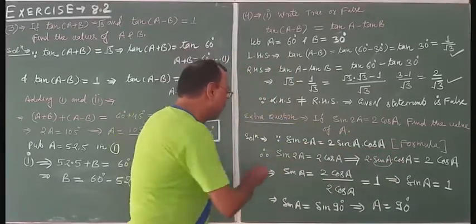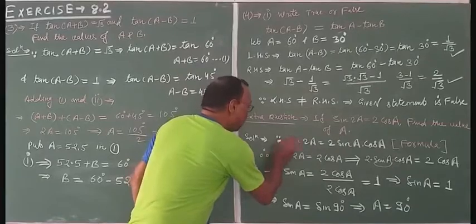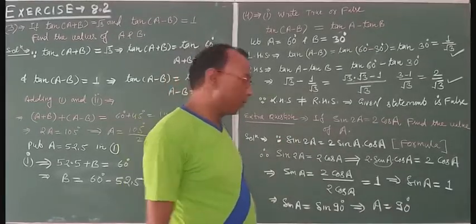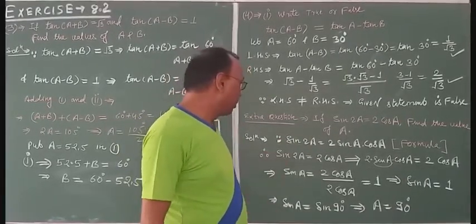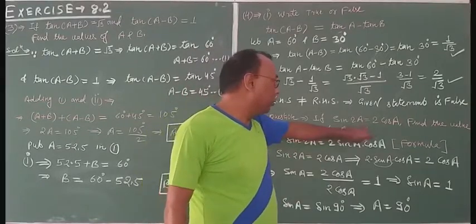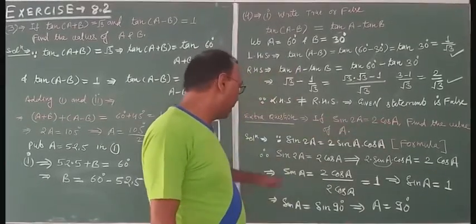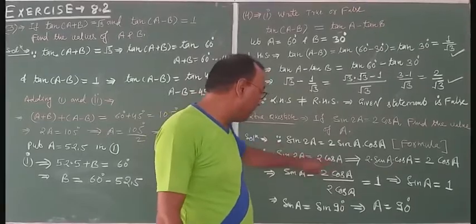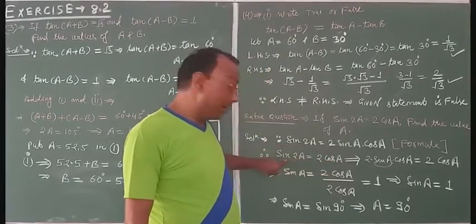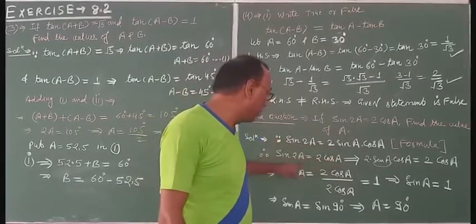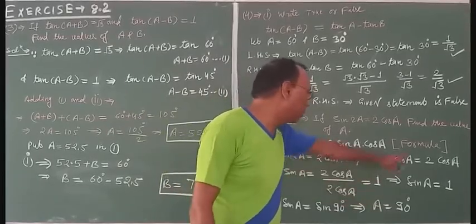Since sin 2A is 2 sin A cos A, and the question says sin 2A is equal to 2 cos A, in place of sin 2A we write 2 sin A into cos A is equal to 2 cos A.